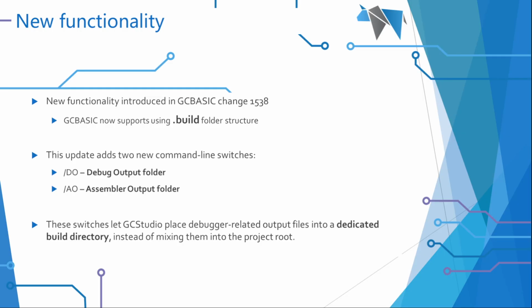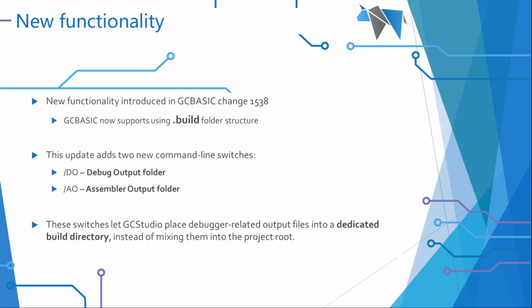There is no change. These switches allow GC Studio to place the debugger related files into a dedicated build directory instead of mixing them up in the project root. This is very important as the compiler is now generating more files for the debugger, and it's starting to clutter the project directory.